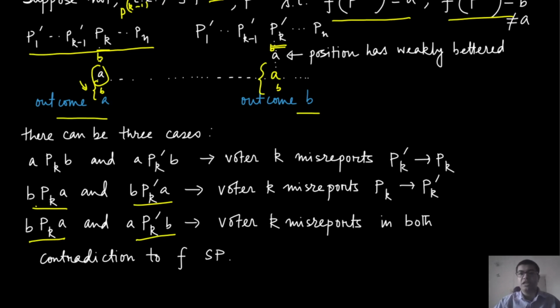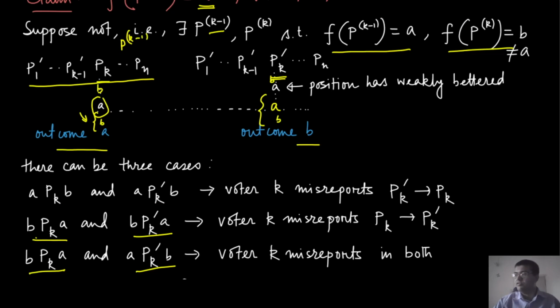Now we can see that in these three cases, the outcome cannot change. So if the outcome in pk prime is B, then this social choice function is not strategy proof, because in the first case, voter K will misreport from pk prime to pk. Why? Because you see that here the outcome is B, which is less preferred by this player.